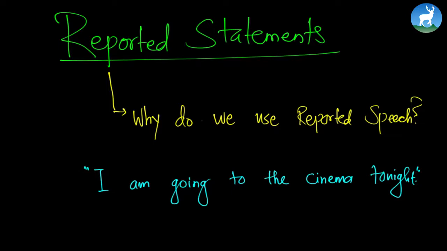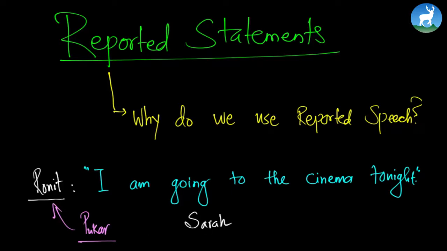Let's say there's one person and his name is Ronit. Ronit said something like, I am going to the cinema tonight. And suppose that my name is Pukar and I as Pukar heard Ronit, and there is another girl, let's say Sarah, and later I'm going to tell Sarah what happened.